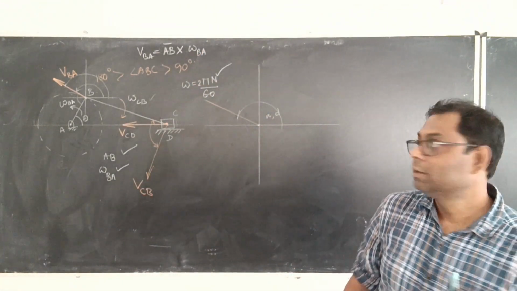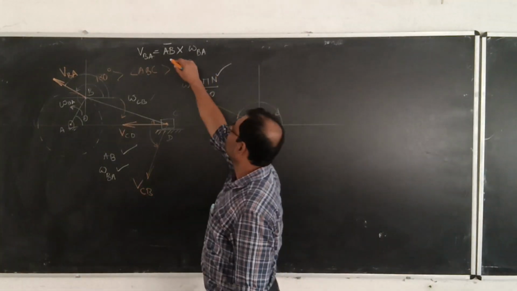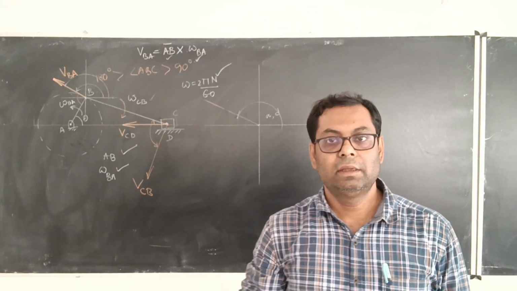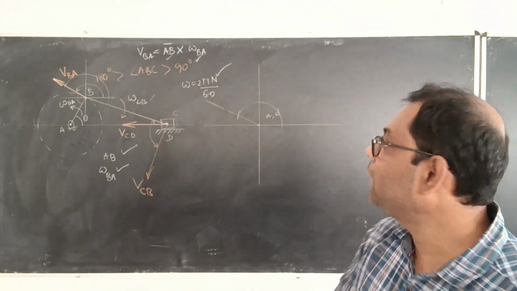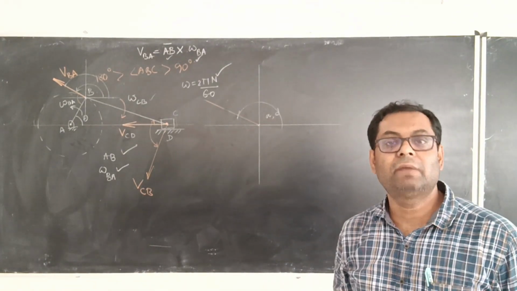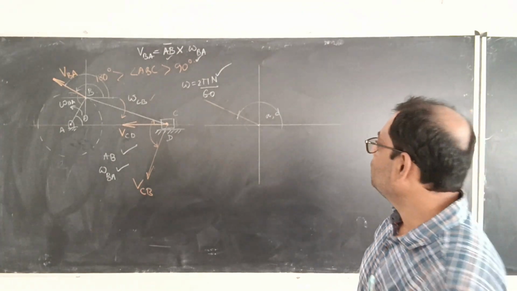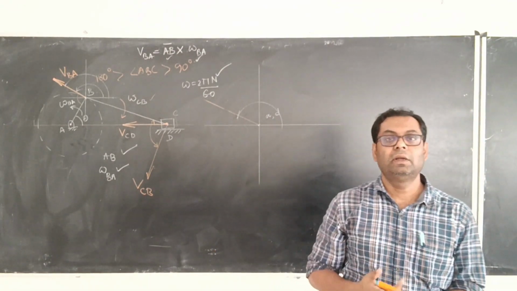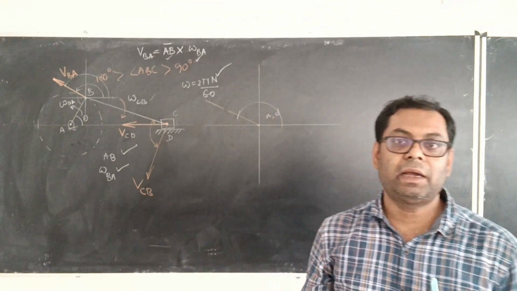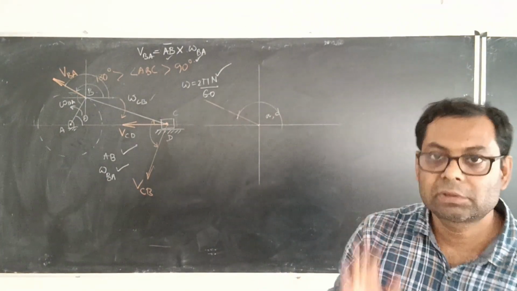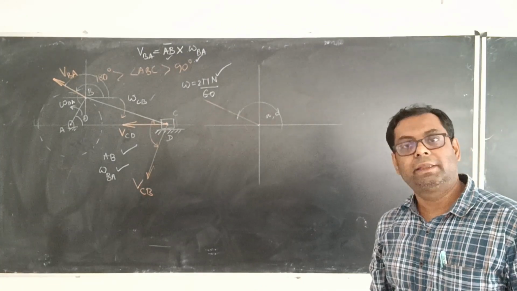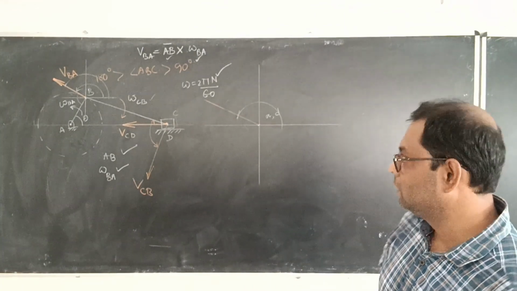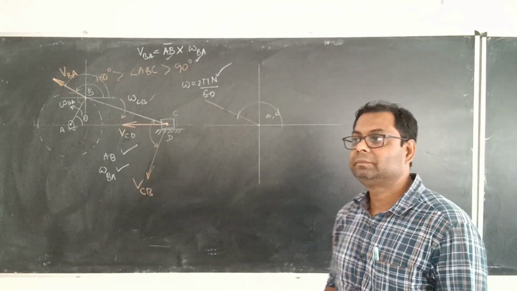Got it? So you have these two real data. If you know these two, then you can find the value of VBA. Suppose you get a VBA value equal to 500 millimeter per second. This is the velocity value you got by putting these two values.